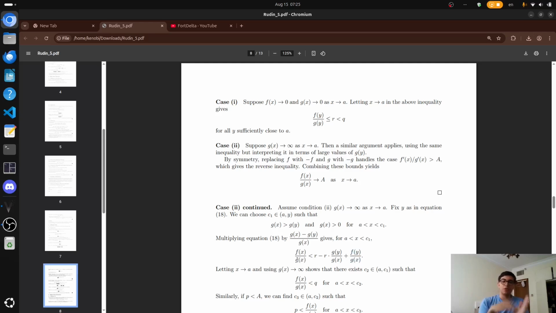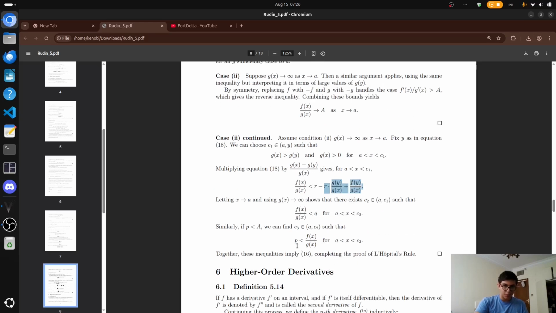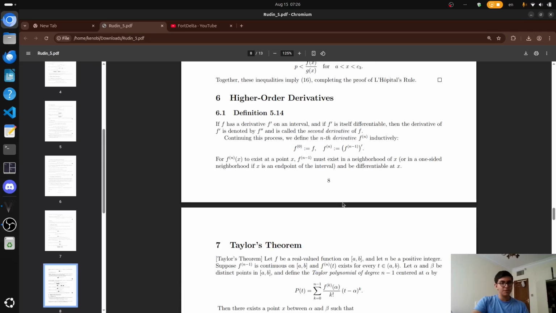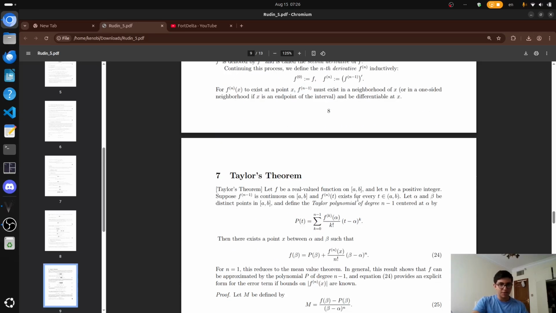It doesn't go to 0, it goes on the other side, and we're left with this over here. As g of x goes to infinity, all this goes to 0, and we're left with f of x over g of x less than q. And you can do this the other way, saying this is greater than some value p, and this proves L'Hopital's rule.